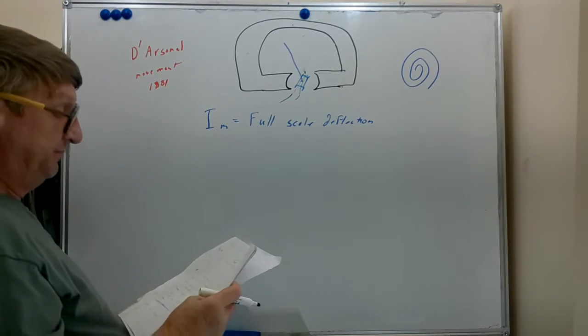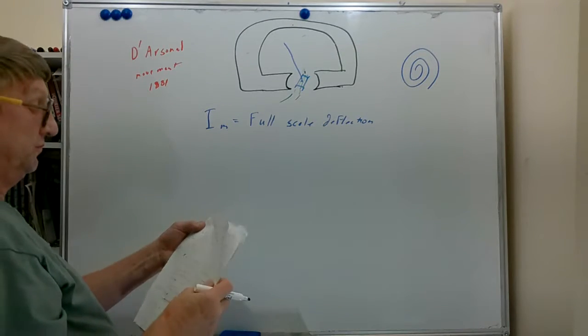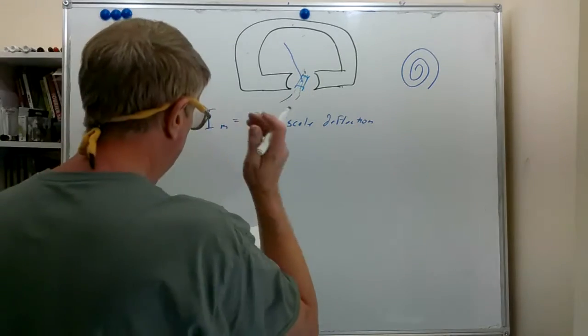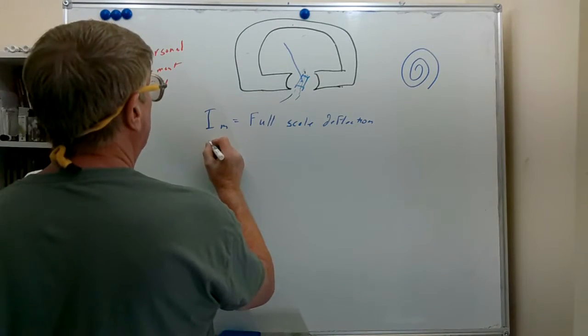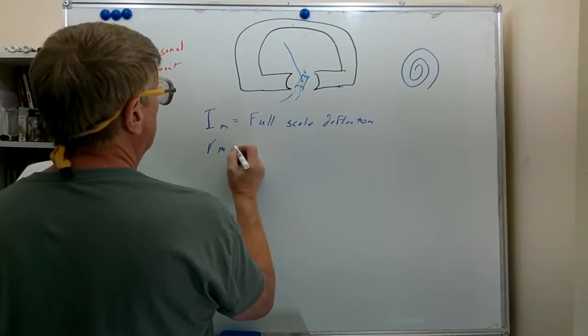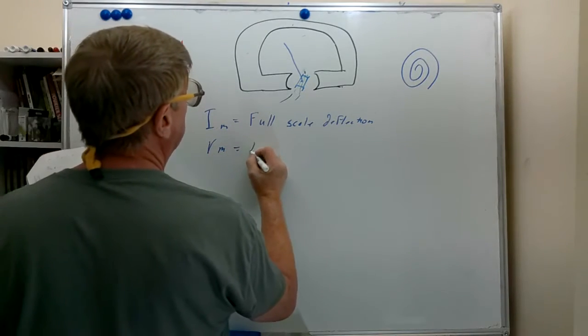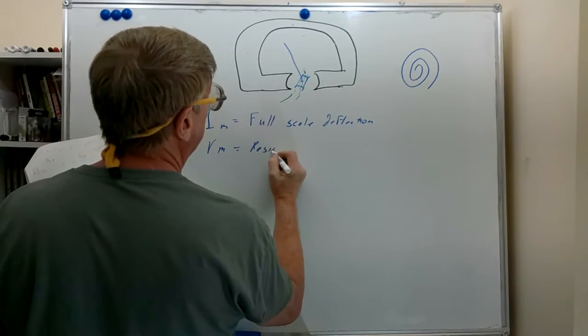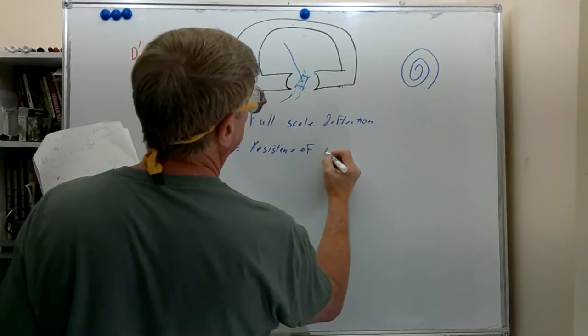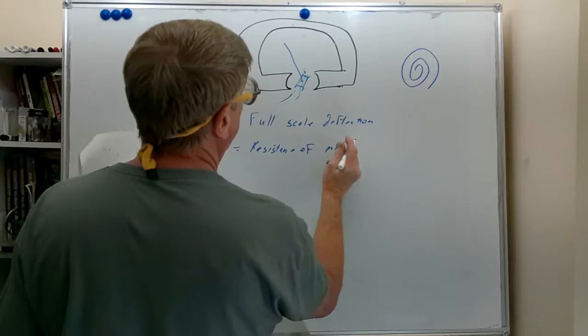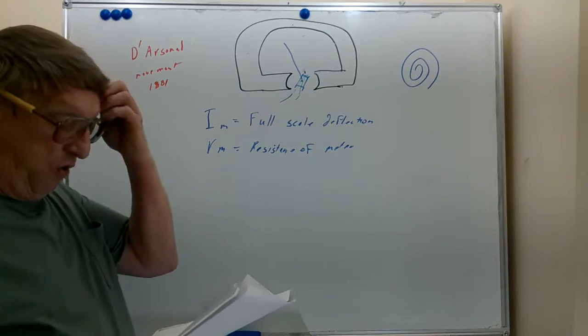And there's another characteristic called RM, which is the resistance of the meter, which is basically the resistance of the coil wire.